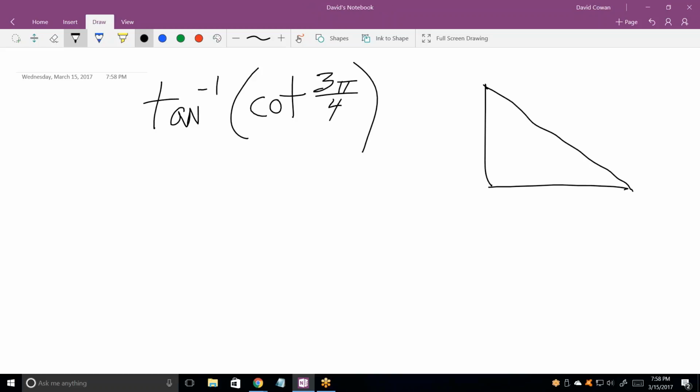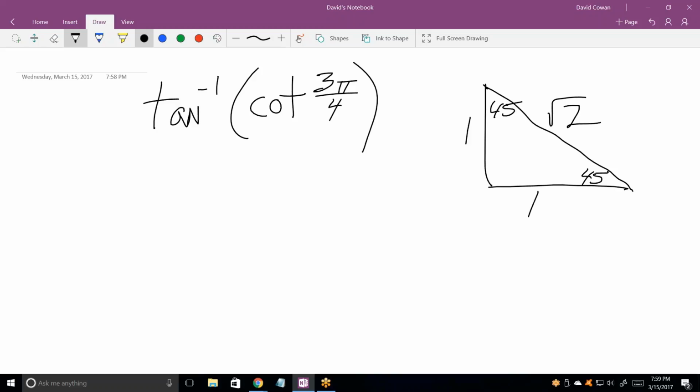Well, let's look at our 45-45 triangle. The dimensions are that. 3 pi over 4 is the equivalent of 135 degrees, but its equivalent first quadrant angle is 45 degrees.